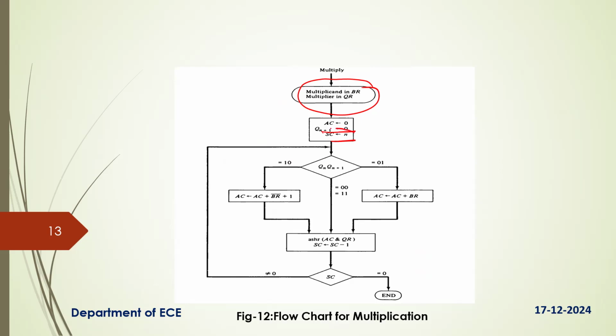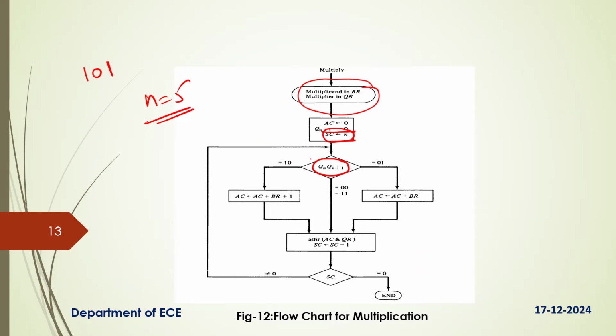The sequence counter is set to the number of bits in the multiplier. Suppose n is equal to 5, then the sequence counter is set to 5, which in binary is 1, 0, 1.